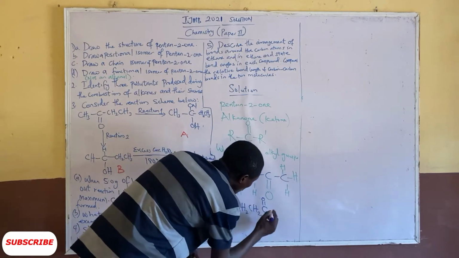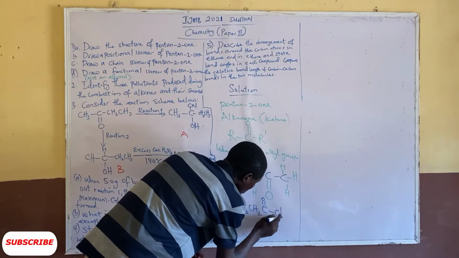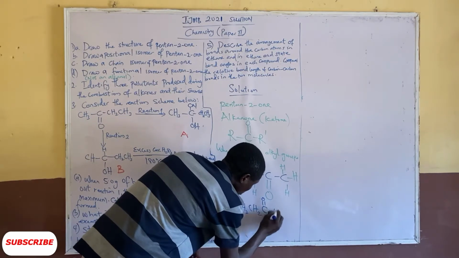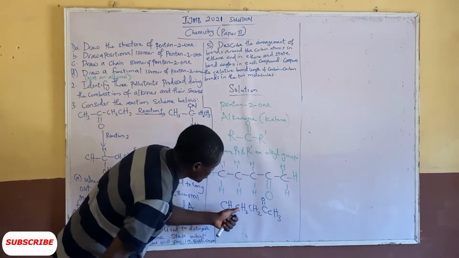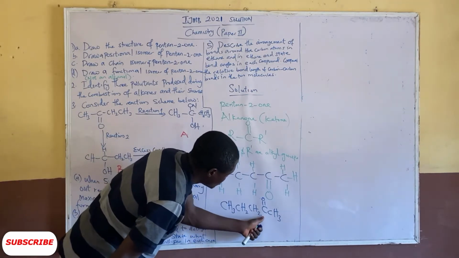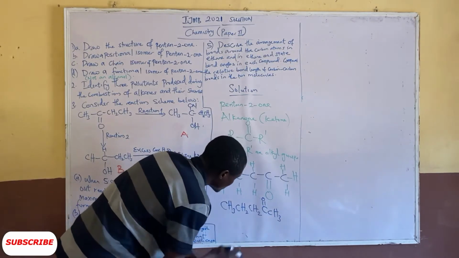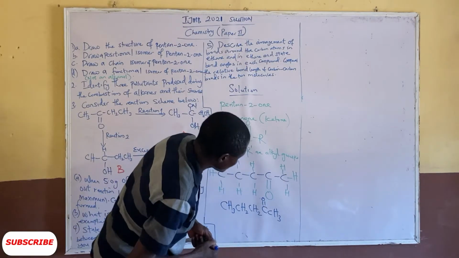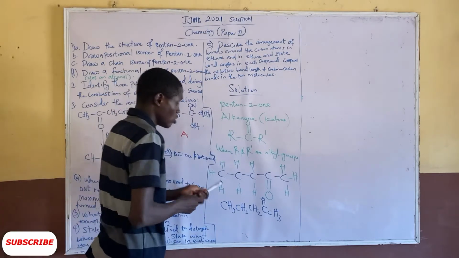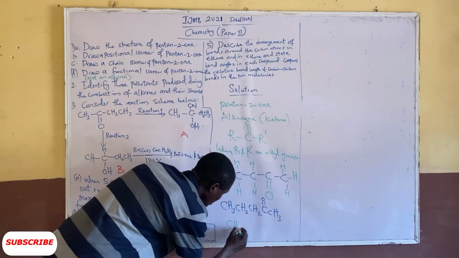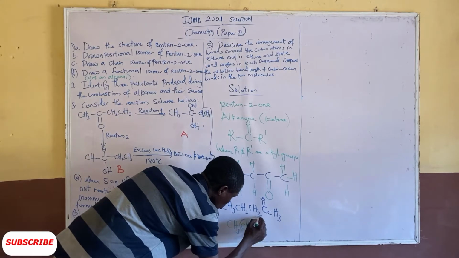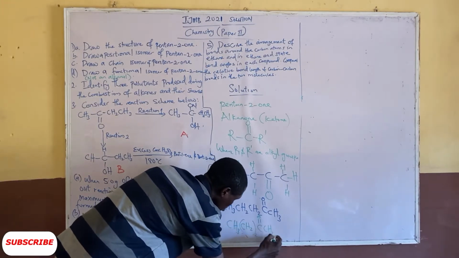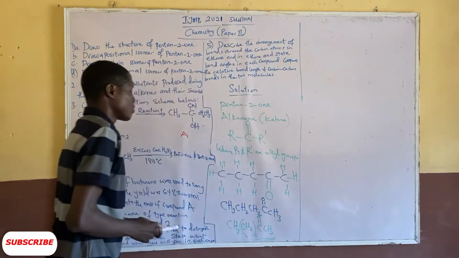So CH3, CH2, CH2, C double bond O, CH3. That's the condensed form of writing it. Some can decide to write it as CH3, (CH2)2, C double bond O, CH3. You can also find it like this.